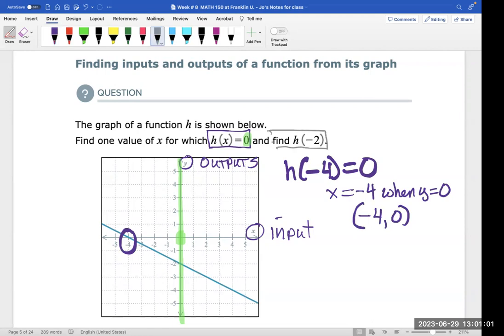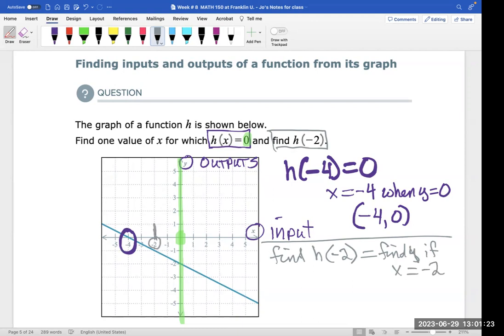Find H of -2. It's the same as find your Y if the X is -2. Well, where is my X -2? Here's -2 on the X number line. So here is my point.